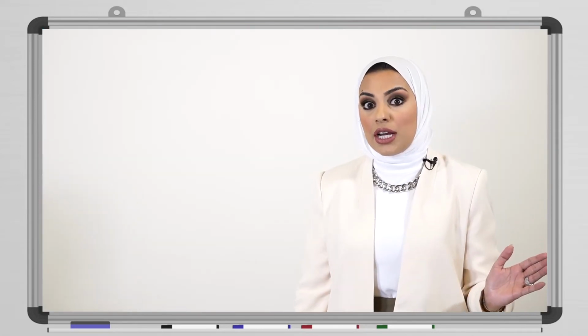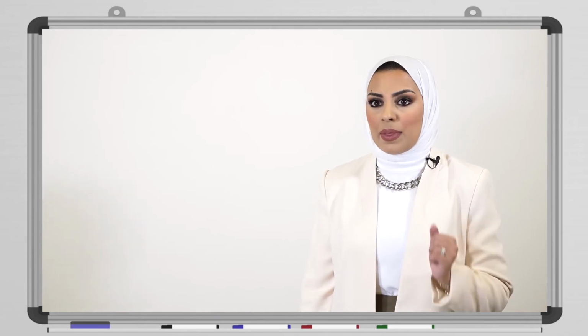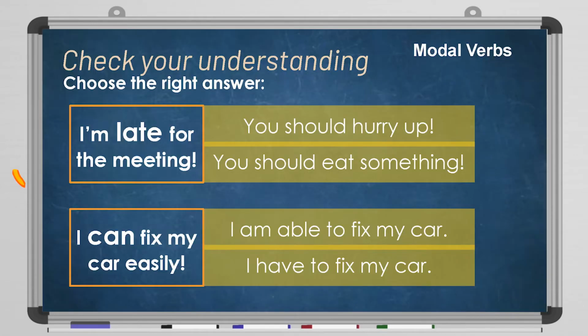Let's check your understanding. If I said, I'm late for the meeting, which of those two answers will be the correct form for giving advice? You should hurry up, or you should eat something.